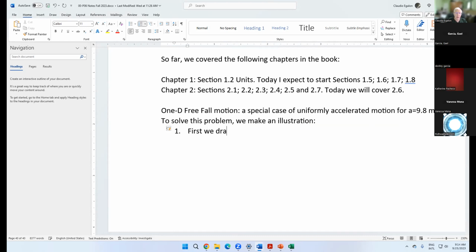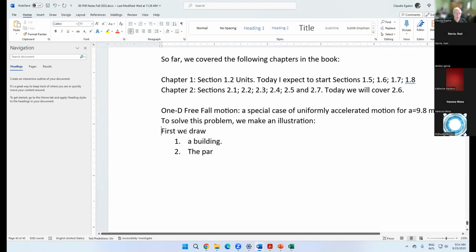First, we draw a building, right? First, we draw a building, the particle, initially at rest.